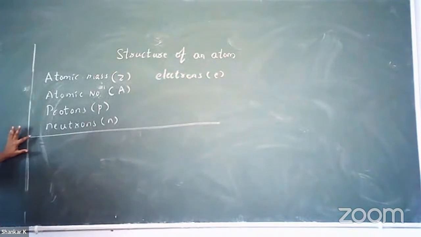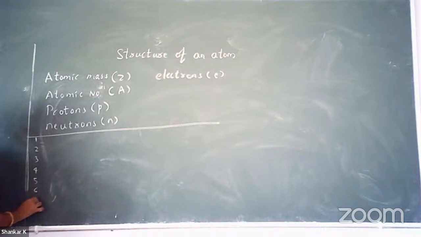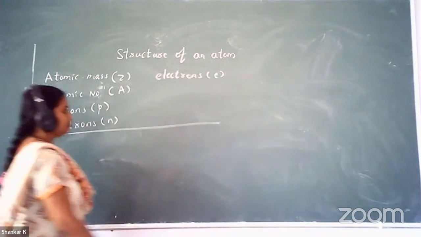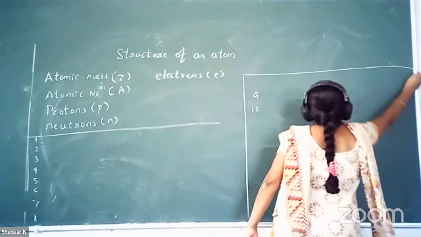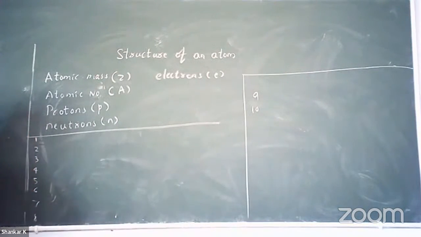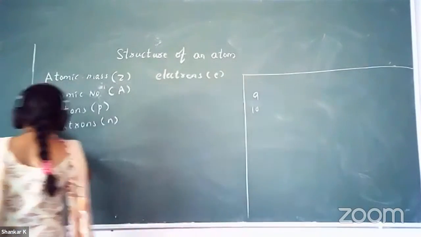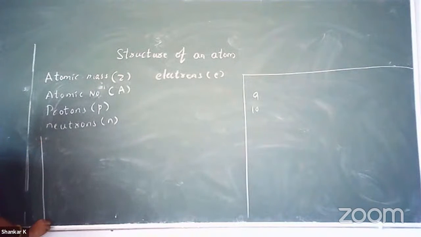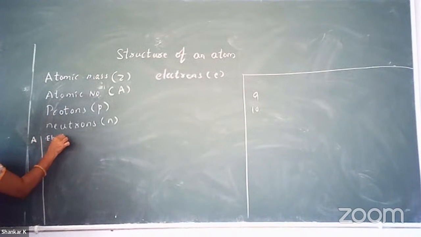Then you come to that. First, I'll write the atomic numbers till 10: 1, 2, 3, 4, 5, 6, 7, 8, 9, 10. Just write the atomic number first, then the elements.